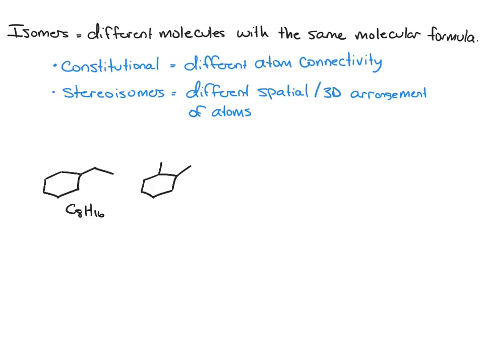But this one is also C8H16. But of course, the connectivity is different. I've essentially taken this carbon group, broken it from here, and attached it to here. So these two represent constitutional isomers.